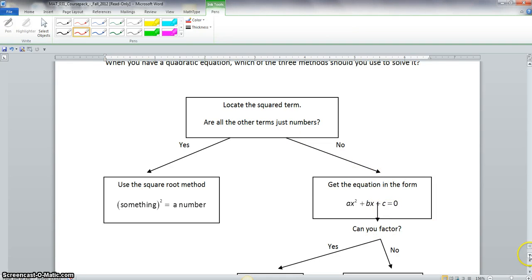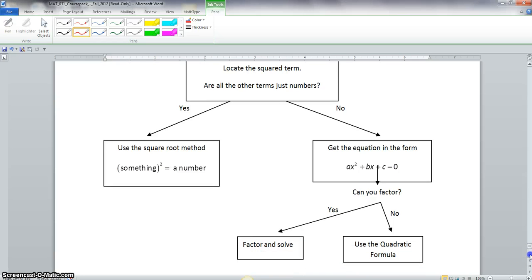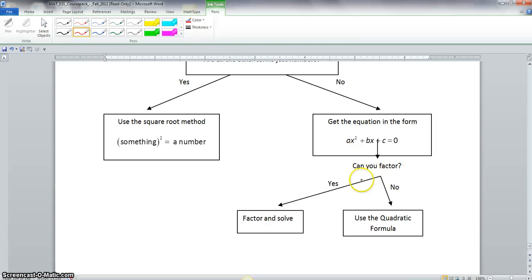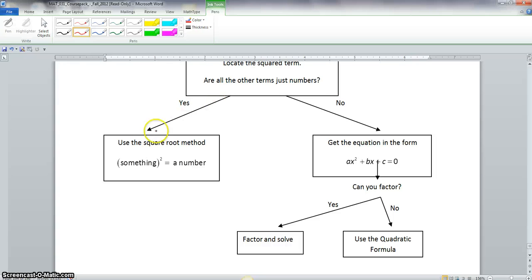Get the equation in this form here. You have ax squared plus bx plus c equals 0. Then you determine if you can factor. If you can factor, you factor and solve. And then if no, you'll use the quadratic formula. So basically, if the answer to the first question is yes, you will use this form here.